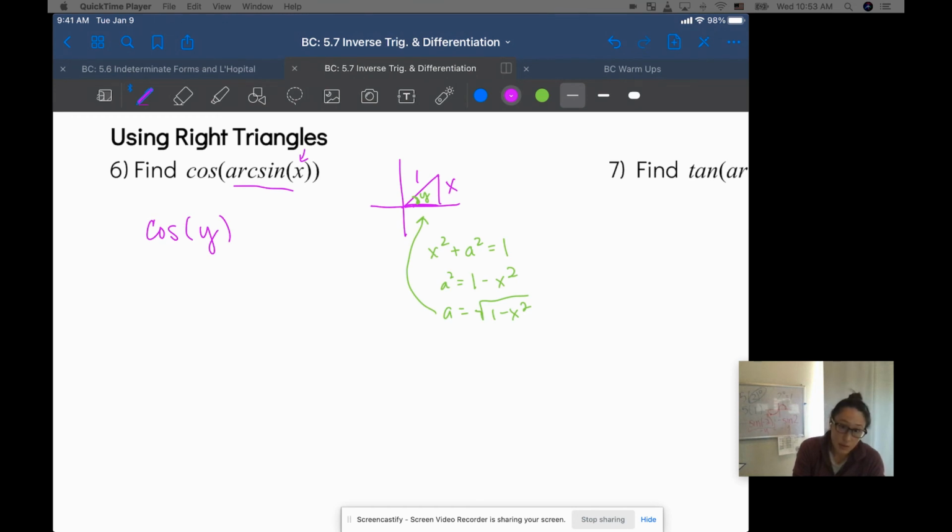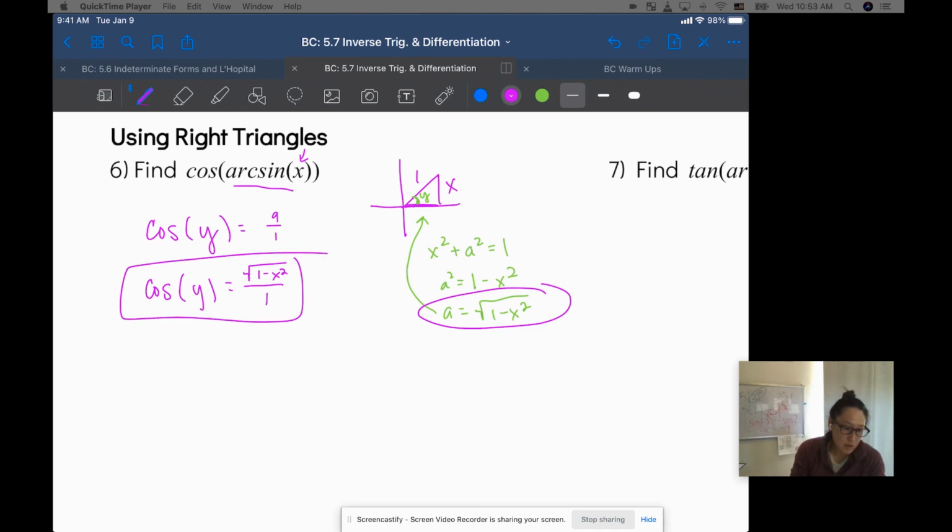So the cosine of y would be my a value over 1. So the cosine of y is equal to the square root of 1 minus x squared over 1. And we need these to prove some derivatives later. Okay. So in other words, the cosine of the arc sine of x is equal to the square root of 1 minus x squared.